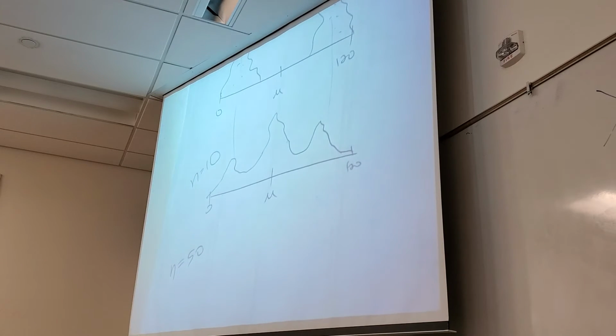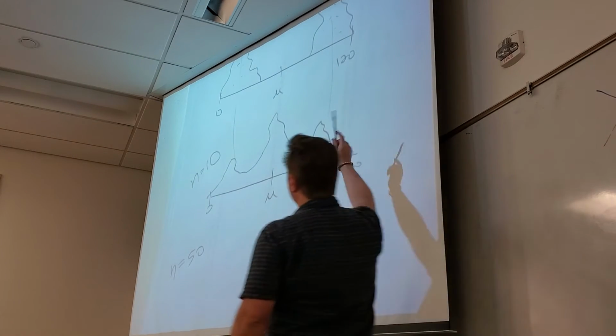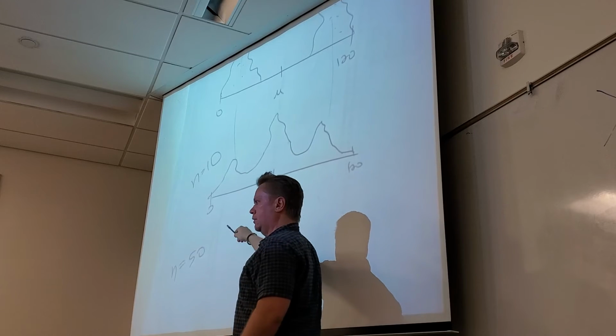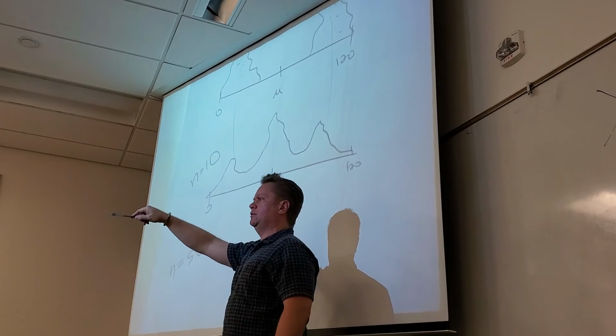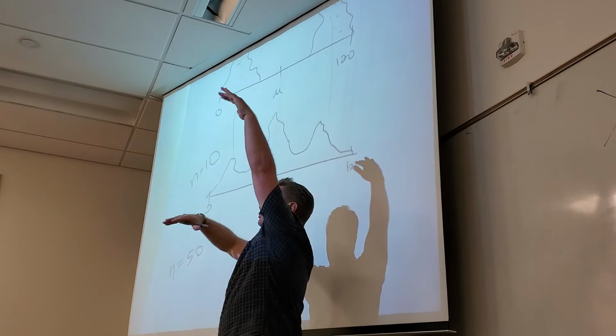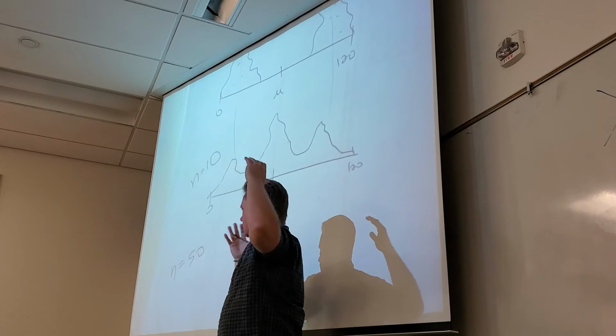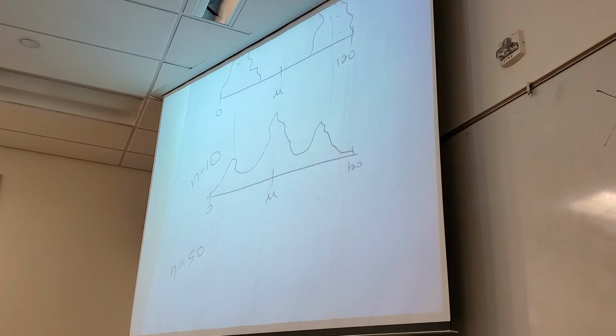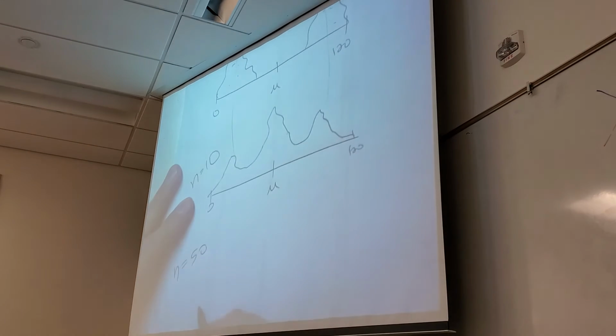Once I start taking 50 people at a time, it's going to be crazy unlikely to get extremes. It's going to be much more likely to be in the middle. If I take 50 randomly selected people, if I happen to get some older, I should get some younger to average it out. That's if I randomly do it. So it's actually, believe it or not, going to end up looking like this.